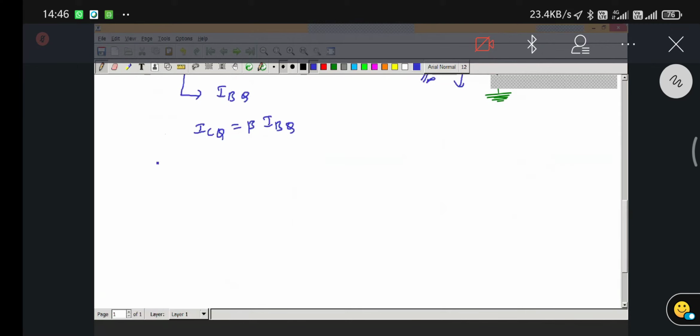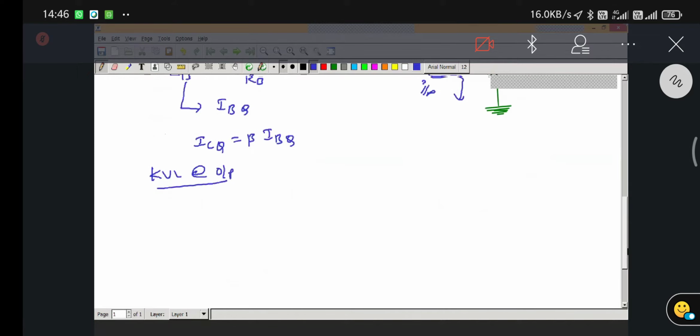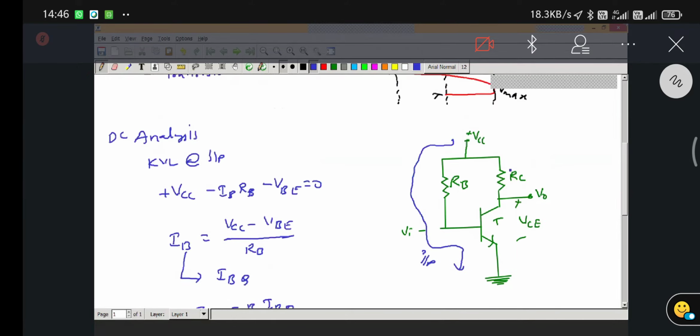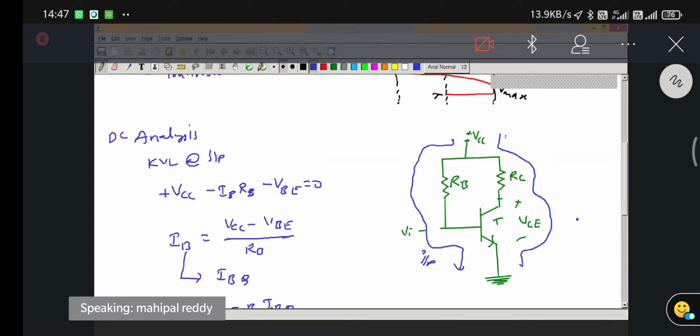Let us write the KVL at the output. So what is the KVL here at the output side? This is the output path.